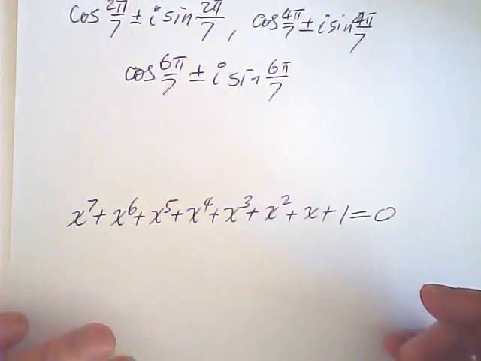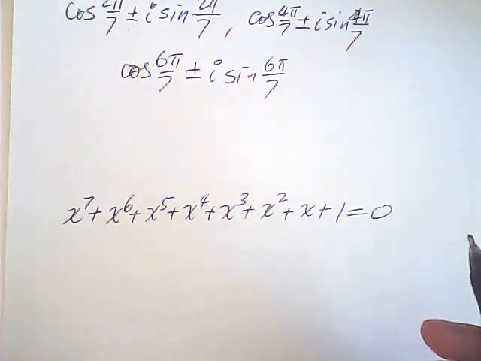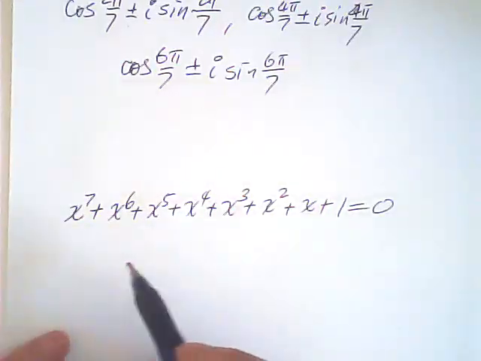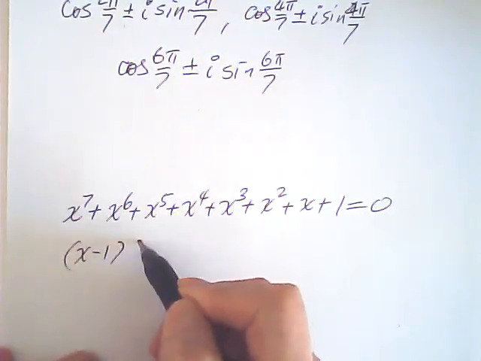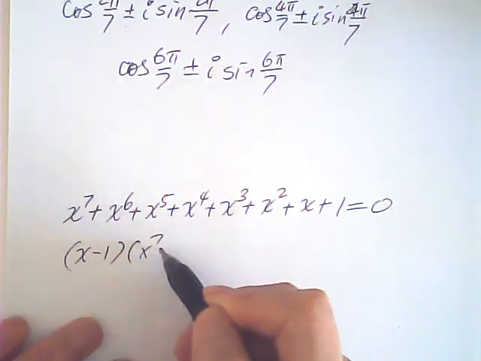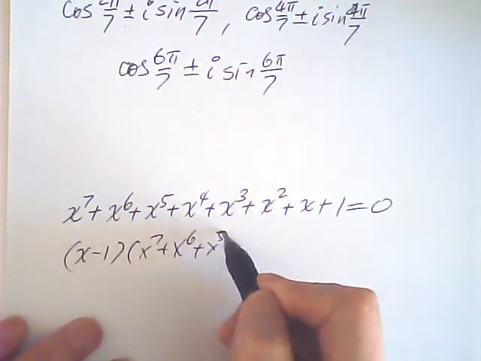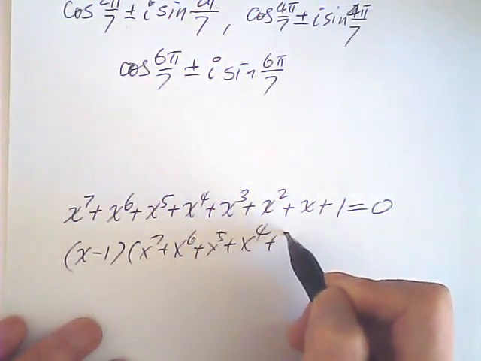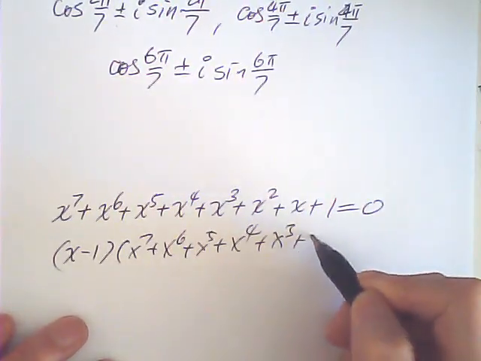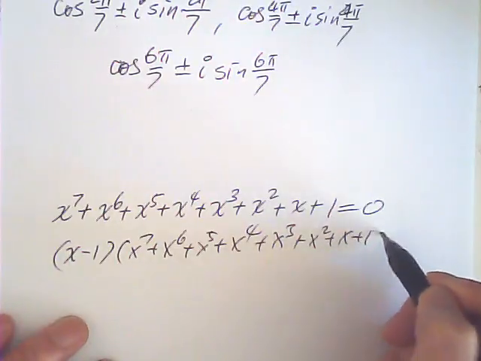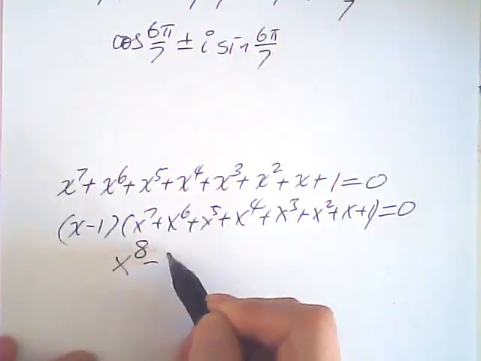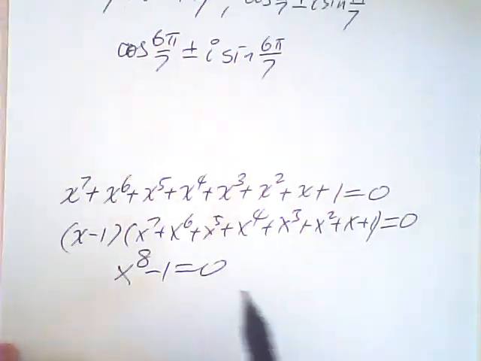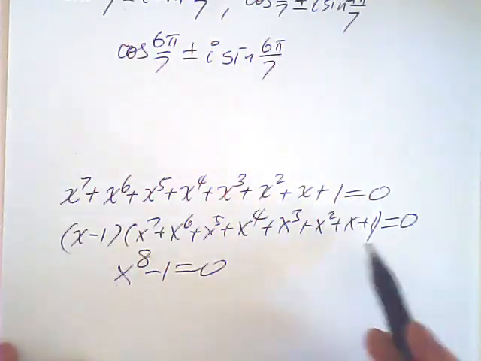This equation. Now, it is very easy to solve this equation by using the unit circle, which means that x minus 1 multiplied by x to the seventh, x to the sixth, x to the fifth, x to the fourth, x cubed, x squared, x plus 1 equal to 0, which means that x to the eighth minus 1 equal to 0. So this equation has 8 roots.